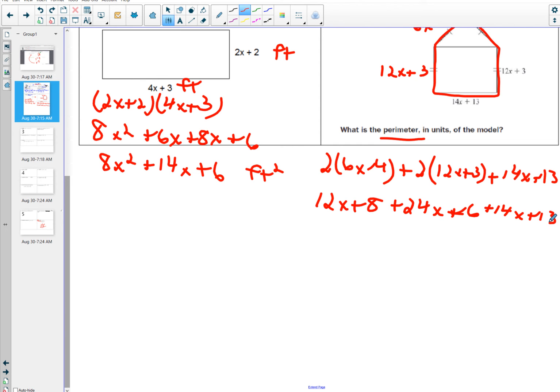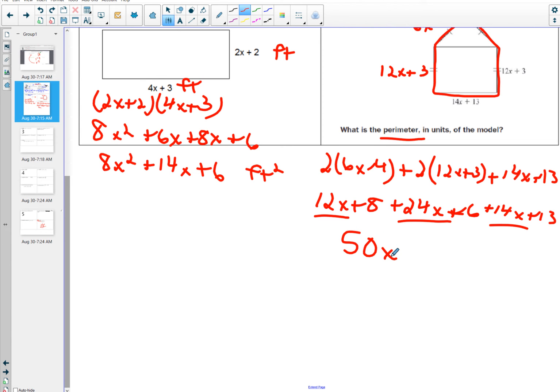So Princeton, I know you're sitting far away, but if you can see that, because now I'm going to combine, how many x's do I have in total? What is 12x plus 24x plus 14x? Good, 50x's. And then Kaylee, I'll let you finish it off with the constants.